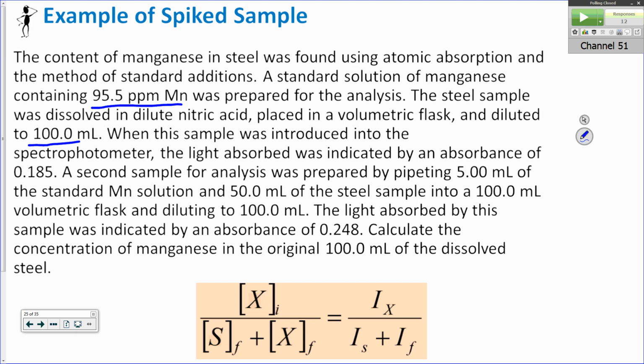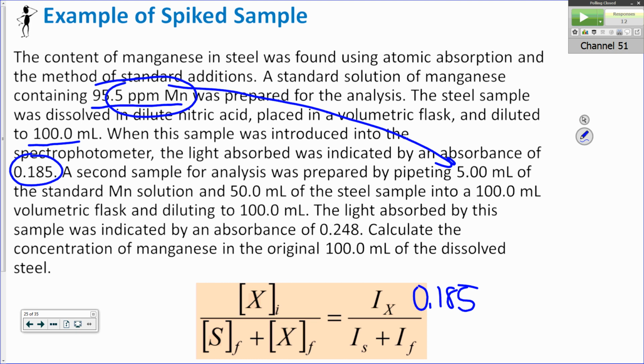The sample is put in the instrument and analyzed initially. So this is going to be the I initial. I know this signal; that gave me its absorption. And a second sample was prepared by taking 5 mils of the standard. So I took 5 mils of that 95 parts per million and added it to 50 mils of the steel sample, and then diluted to 100 mils.